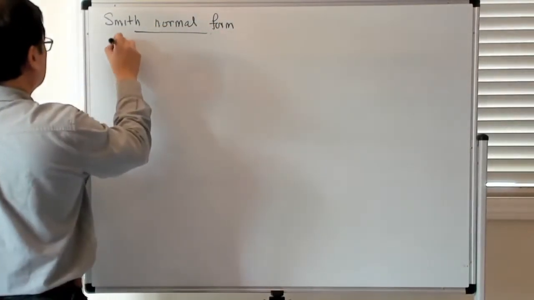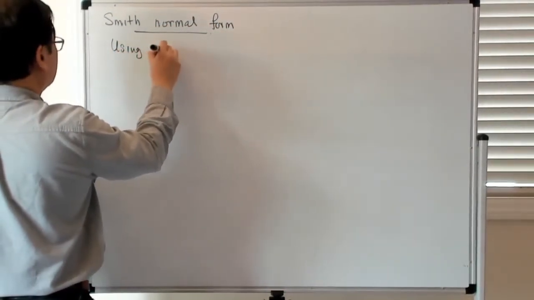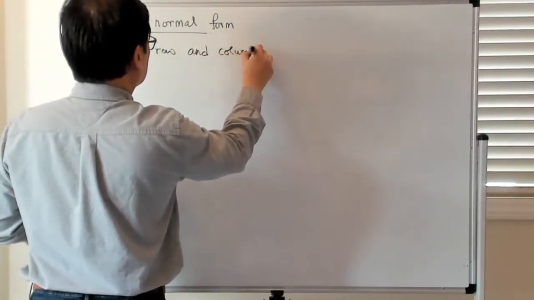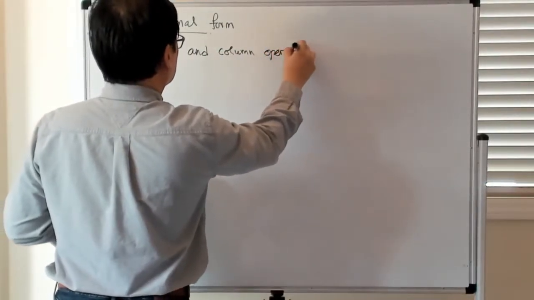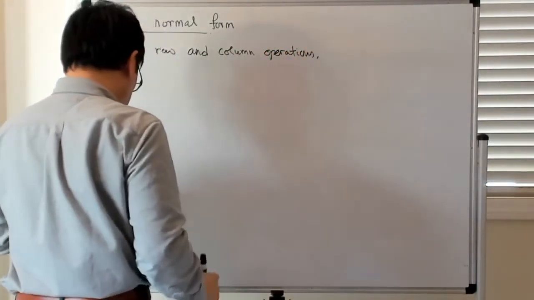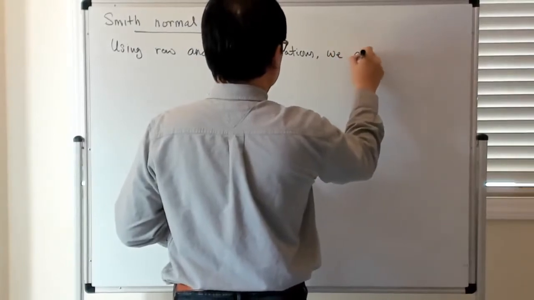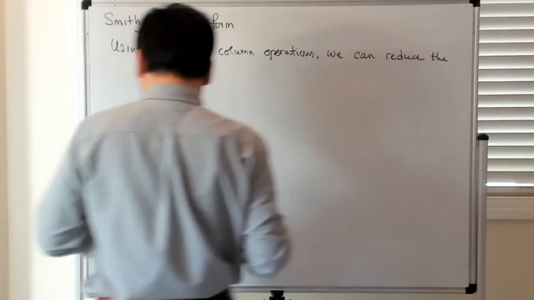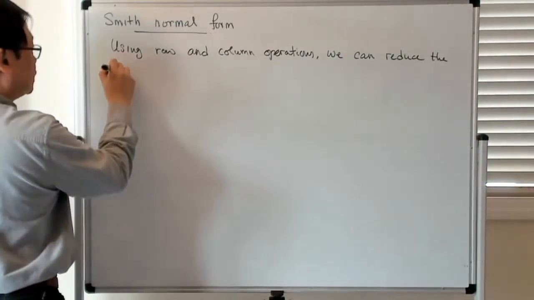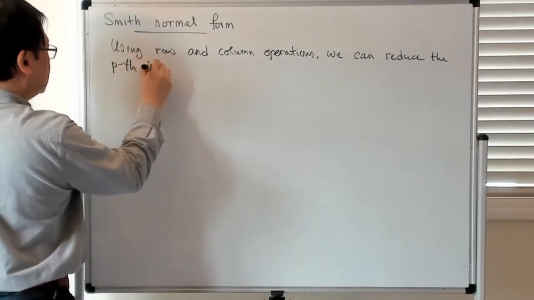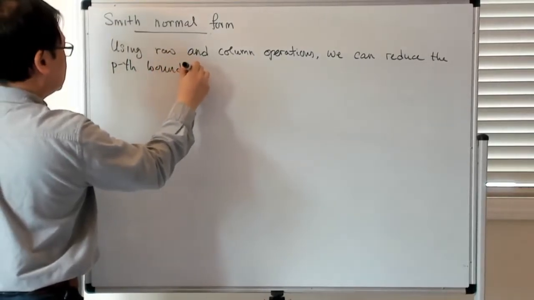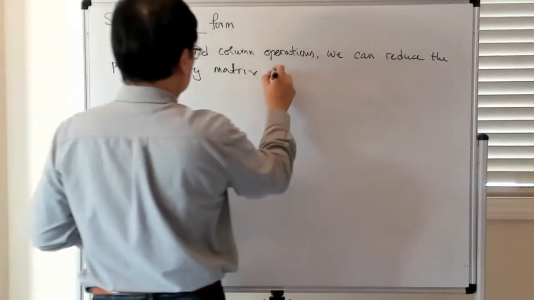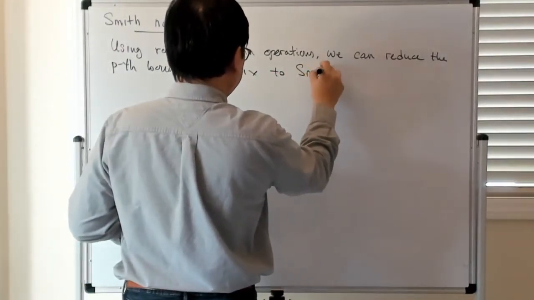So using these row and column operations which we discussed before, we can reduce the P boundary operator, the P boundary matrix, to what is called Smith normal form.